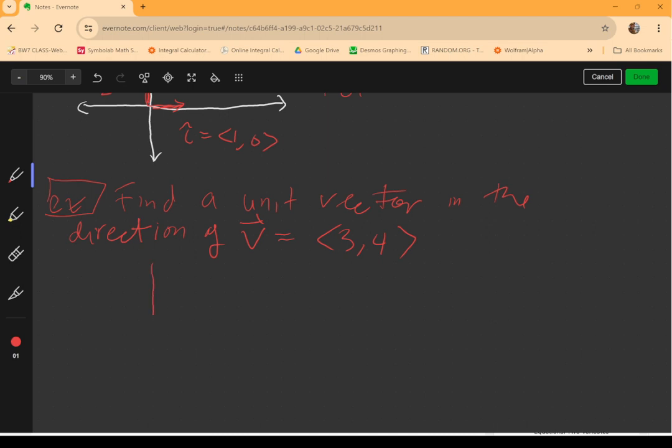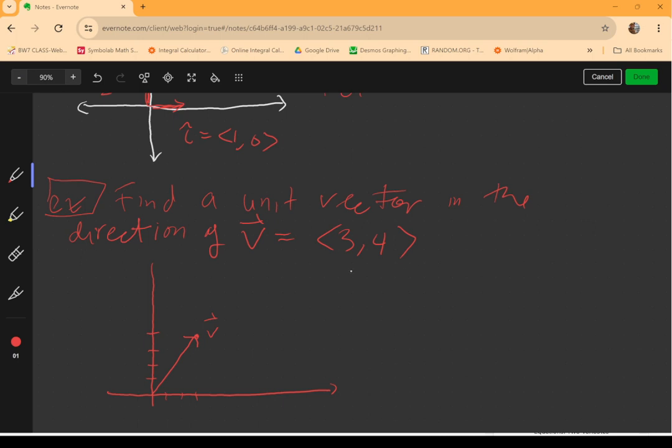If I just draw the vector here, we have 1, 2, 3 across and 1, 2, 3, 4 up. So that's what our vector V looks like.